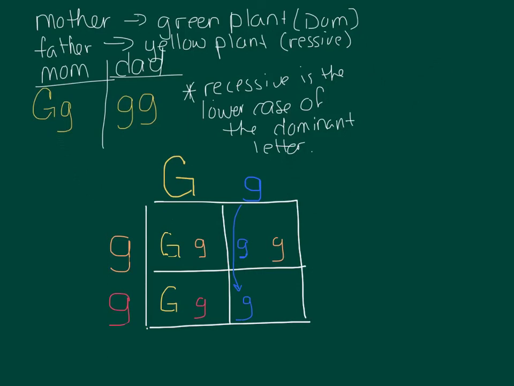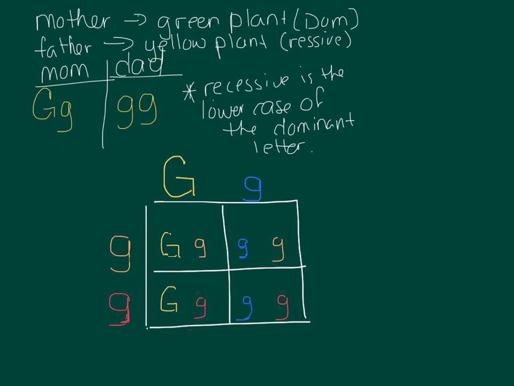And instead of the peach colored one, I'm going to have the red one come over. So I'm going to have big G, little g, little g. And let me fix my g's again because I know it's bugging some of you. So now I've completed my Punnett square.